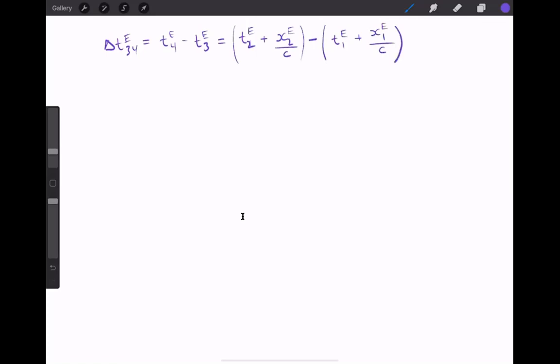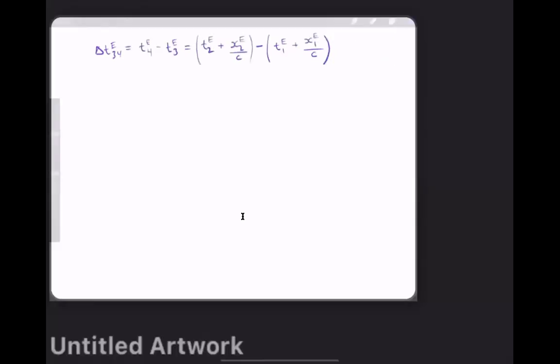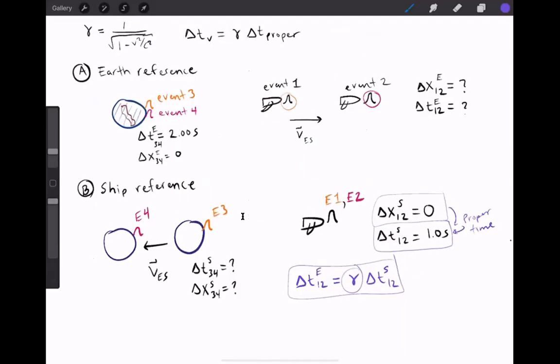So let me come back to that equation, but looking at it here. This is event 1, and this is event 2. When this signal travels, it travels from here to here. That's clear, right?